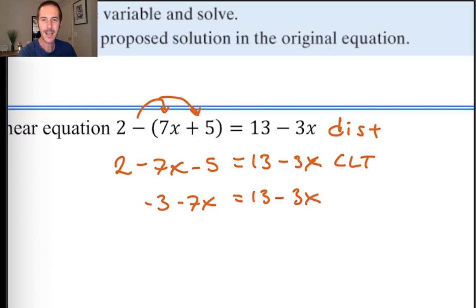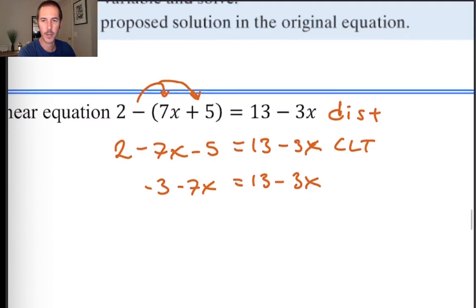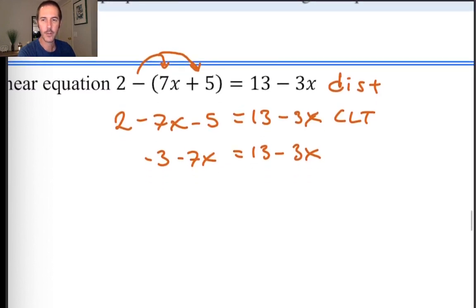The next thing that I like to do, which is different than what a lot of my students like to do, is I like to then move the variable first. I like to get all of my x values, in this case, onto one side of the equation. And I think if you look at this for a couple of seconds, your instinct will be what mine is, which is to add 7x to both sides.